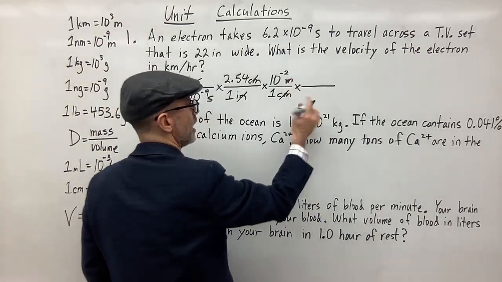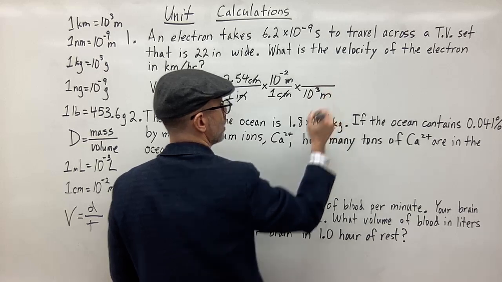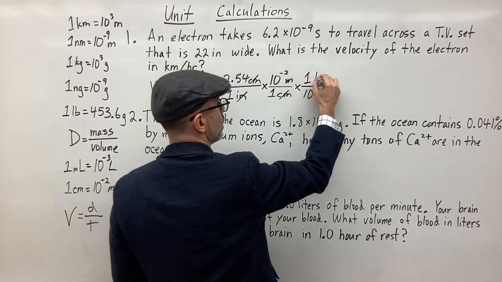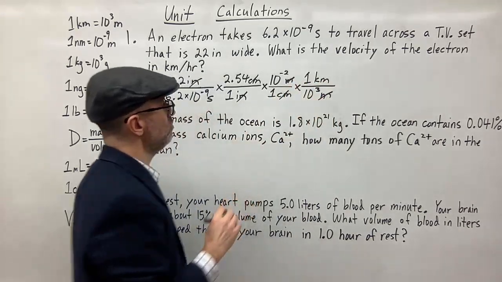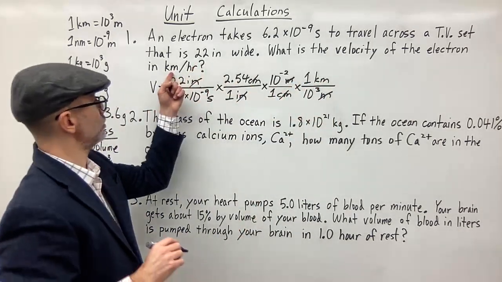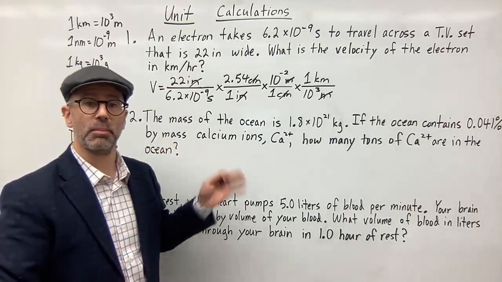So meters is on top. So I'm going to put 10 to the third, or 1,000 meters on the bottom, and 1 kilometer on top. So meters cancels out. Now I have kilometers on the top. So I'm done with the top part. So now all I need to do is the bottom part.